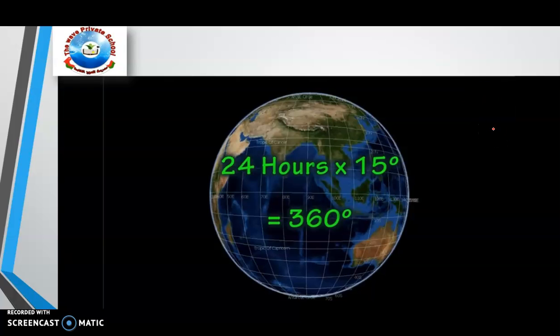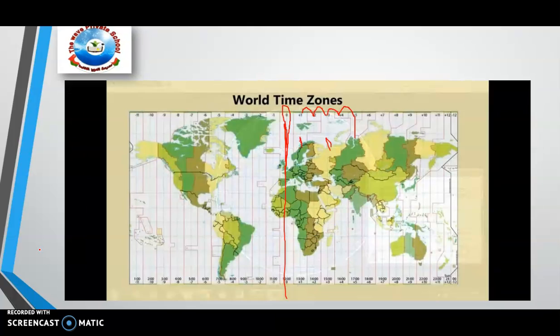The right side of the map, like I will show you in the map, always has one or more, and the left side of the map always has one or less. For example, if I am in this country and I want to know the time in this other country, first of all I will see how much time difference there is.